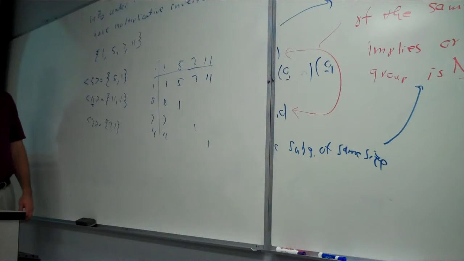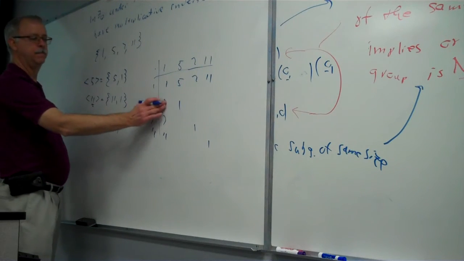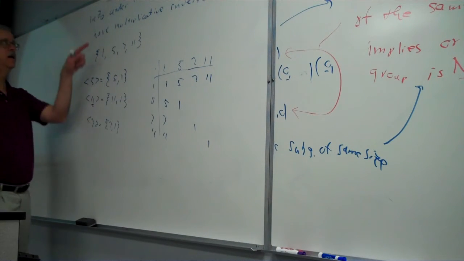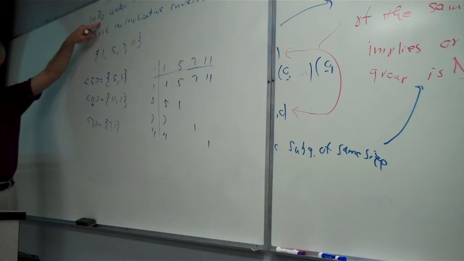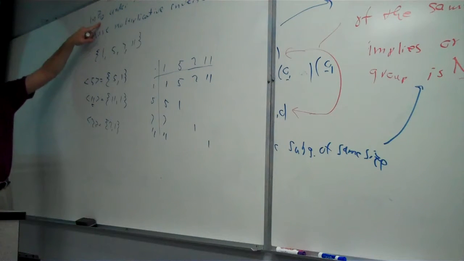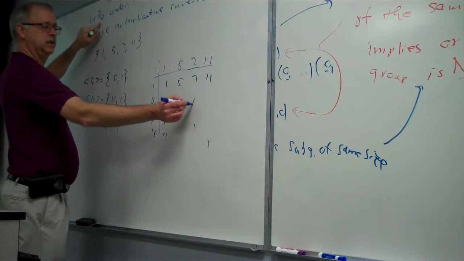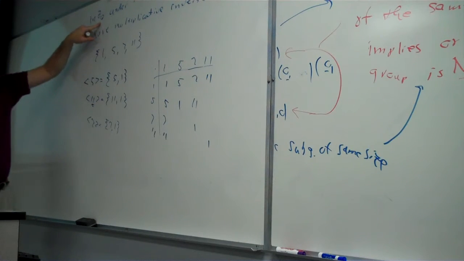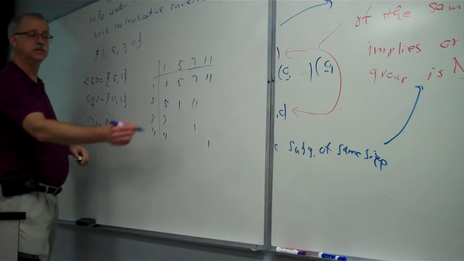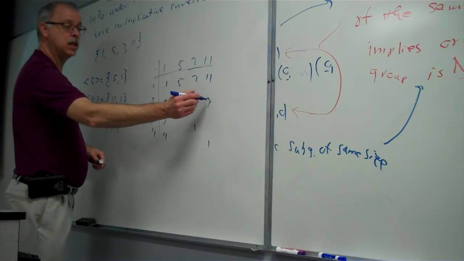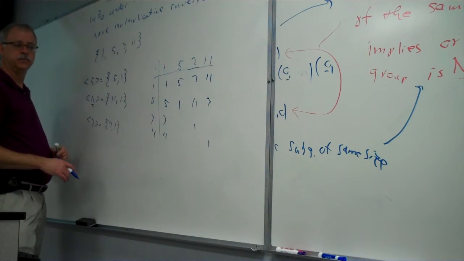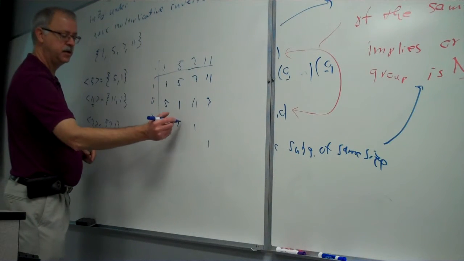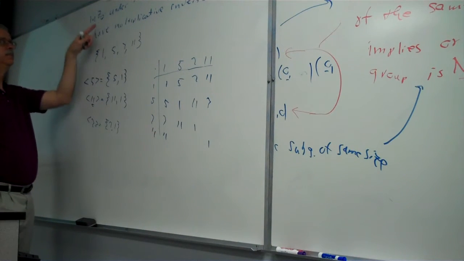What's 5 times 7? 35, otherwise known as 11. 5 times 11 is 55, otherwise known as 7. We're not getting any new elements in this. 7 times 5 is 11. What's 7 times 11?